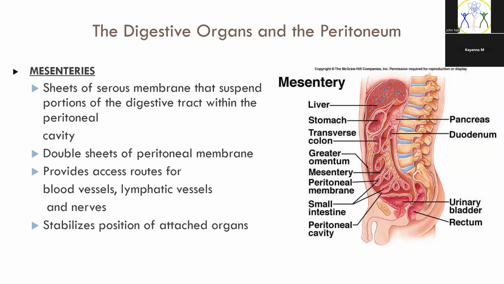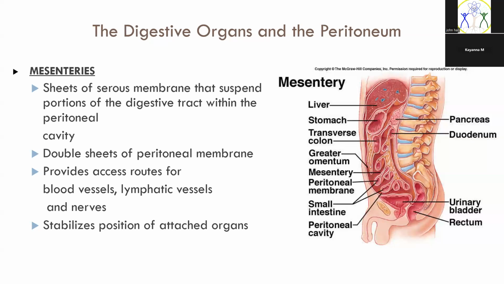In addition to attaching the different parts of your digestive tract to the body wall, mainly, we'll talk about the liver in a second, it also acts as an area where blood vessels and lymphatic vessels and nerves can run alongside the digestive tract without fearing damage. Okay? So they're running through the mesenteries.